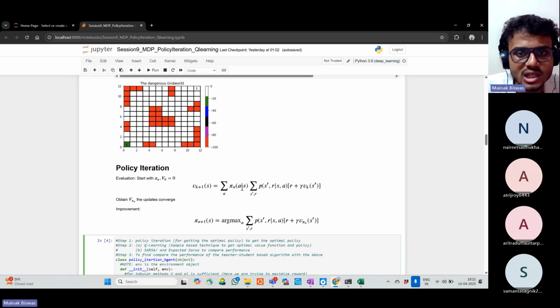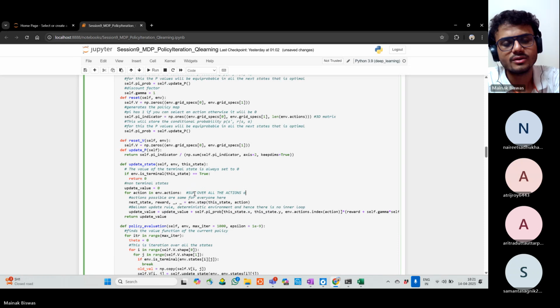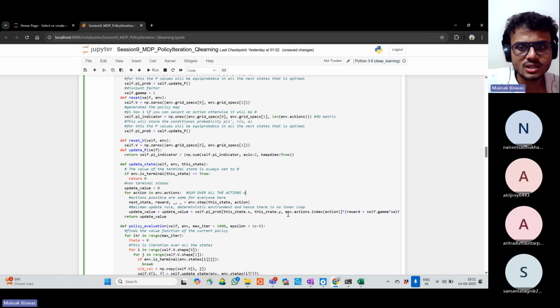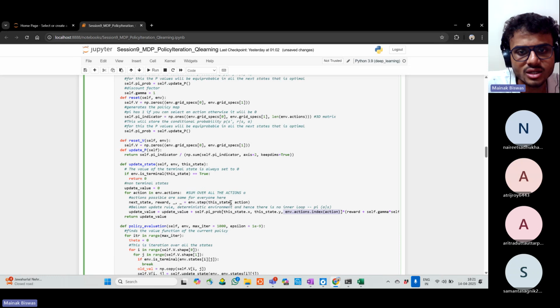So we have to sum over all the actions A, right? So when you sum over all the actions, I do a loop for that and I just update. So if you're confused, this is pi of action given the state. Is that clear to everyone? This is the probability of taking that action given the current state.